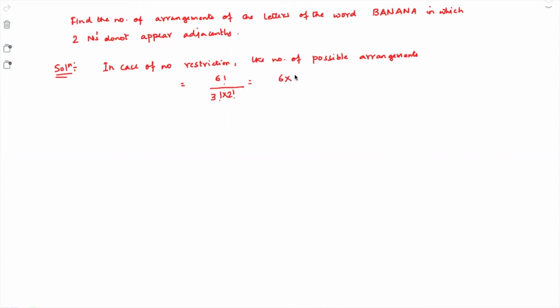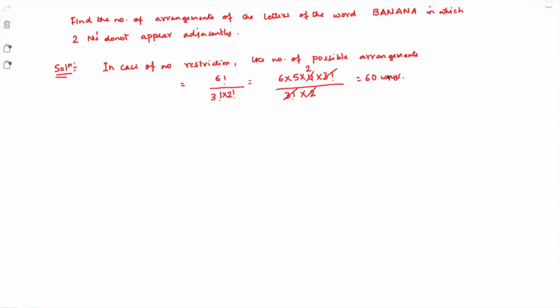So 6 into 5 into 4 into 3 factorial by 3 factorial into 2. Why 2 factorial is equals to 2? So we have 60 ways. That means without any restriction, if any letter can arrange in any possible position, there are 60 ways in which the letters of the word banana can rearrange themselves.